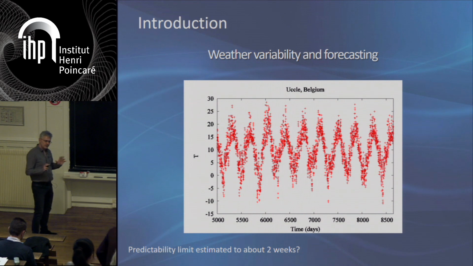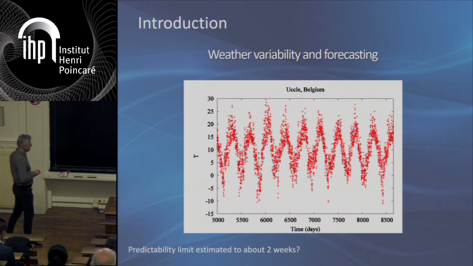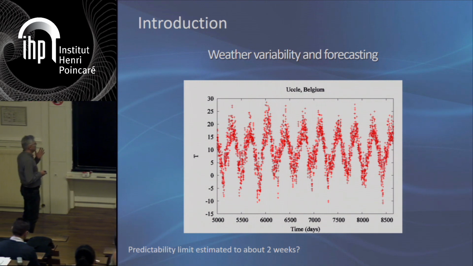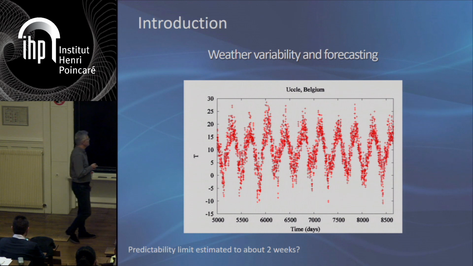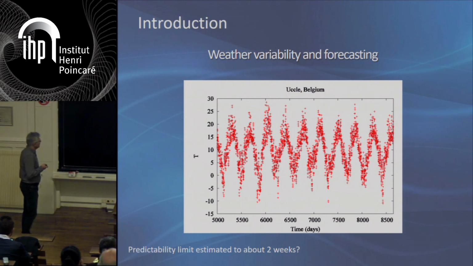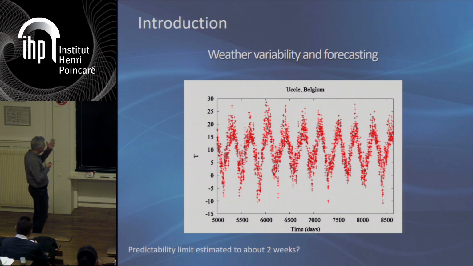As you know, the atmosphere displays variability on a wide range of space and time scales. And here this is just an example. I call that weather variability. Here you have a time series for a temperature at one specific station in Belgium for about 10 years. And these are daily mean temperatures. The purpose of weather forecast is clearly to make forecasts for the evolution of these daily values.